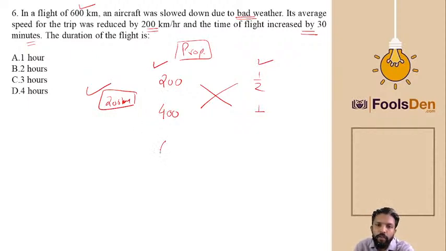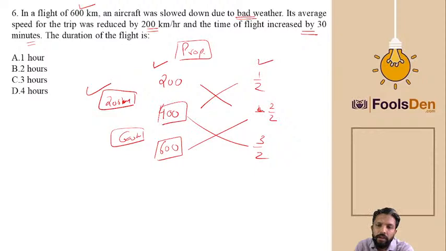What we'll do, we'll increase it further. 200 kilometers. So 1/2 plus 1/2, we'll say it by 2. Then here 1/2 again 1/2, so we'll get 3. Cross multiply. So if you observe, here I am getting 600 kilometers, the distance. So that was the original speed, that is the reduced speed, that is the original time, and that is the increased time.